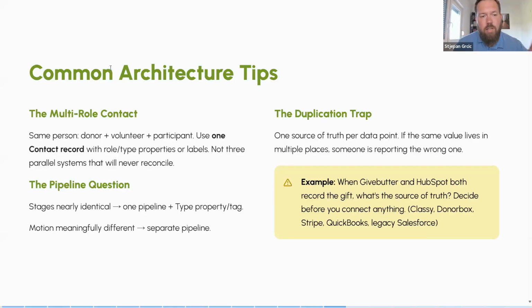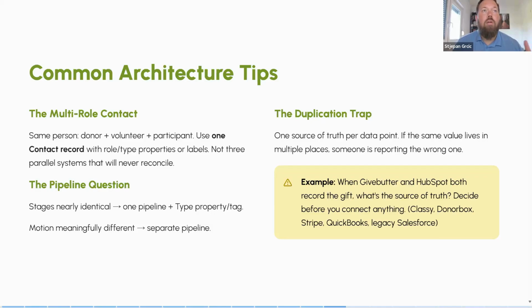You want one record with role and type properties, or maybe labels, and you describe how they show up, not three parallel systems that will never reconcile. One person is one record, but they can have many roles. It's up to you and your team how you will track that inside HubSpot.